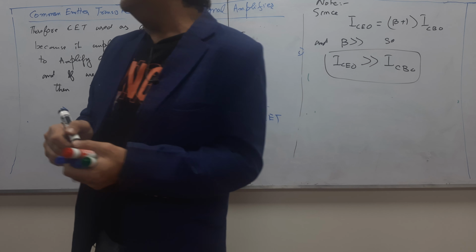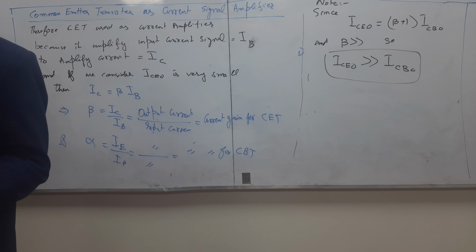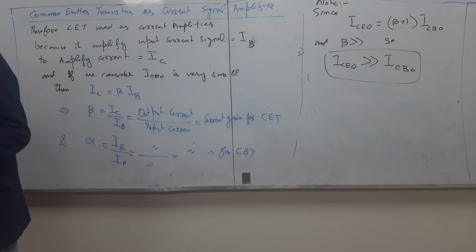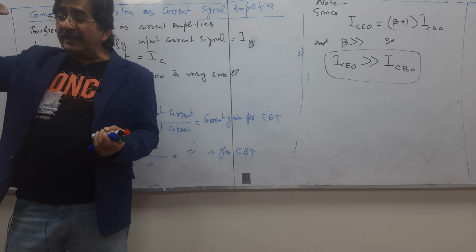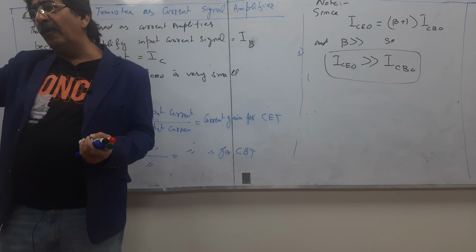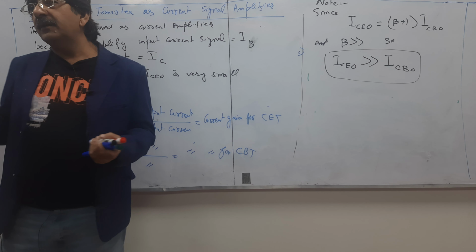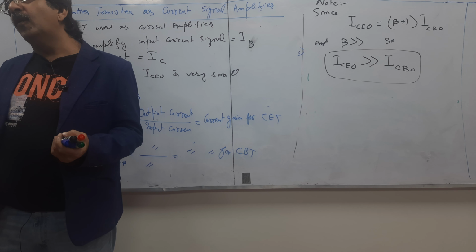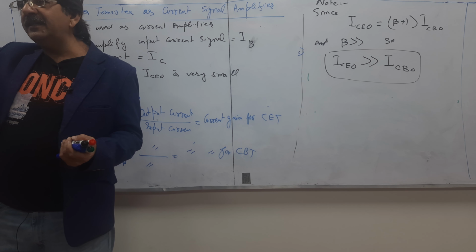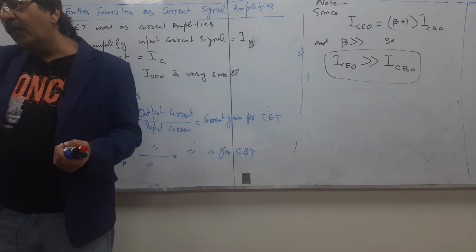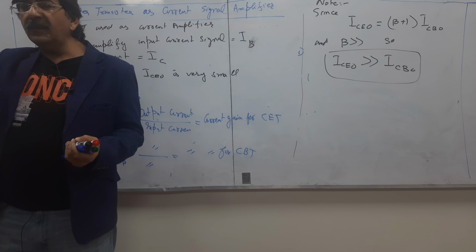So the common emitter transistor is used to amplify current signals. If you have a low current signal, it will amplify it. But the common base transistor will decrease the current, and is always used to amplify the voltage.